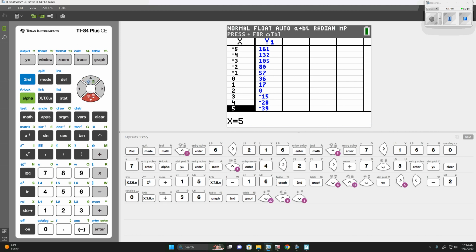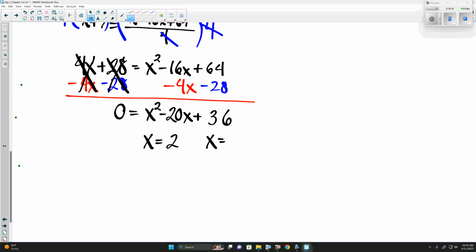Since after 2 we get into negatives, at some point it should turn around and start going positive. So I can keep going down to try to find the other 0, which is at 18. So the two solutions for this are 2 and 18.